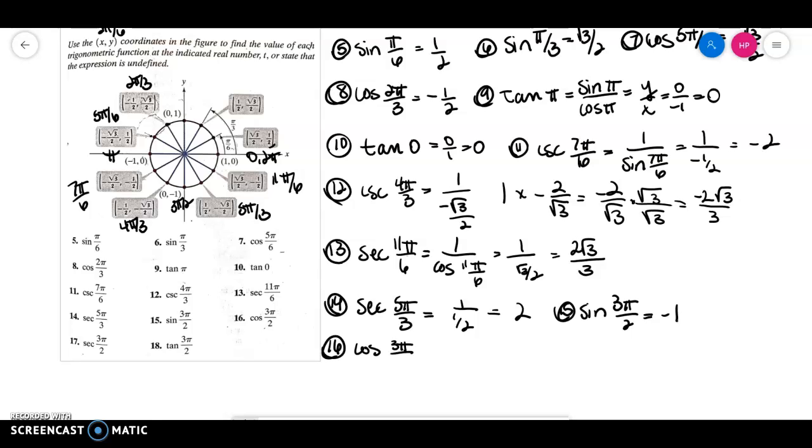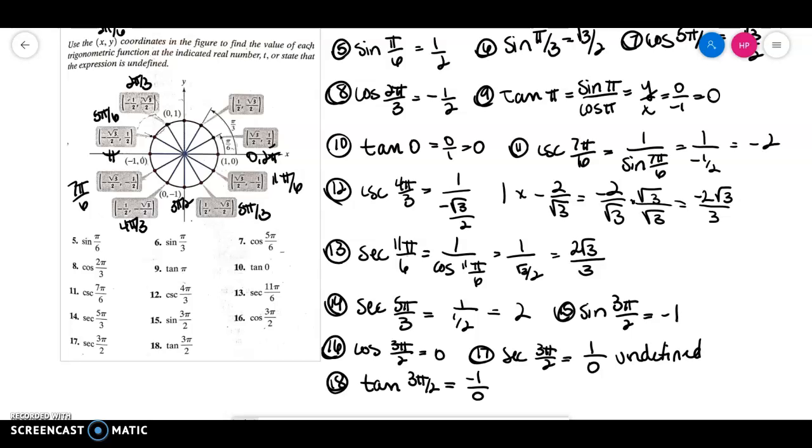It's the cosine of 3 pi over 2, which is 0. 17, if I'm asked for the secant at 3 pi over 2, 1 over the cosine, which I just found to be 0, is undefined because I'm not allowed to divide by 0. And last but not least, number 18, the tangent at 3 pi over 2 is sine divided by cosine. So again, if I have negative 1 and I'm dividing by 0, this is actually undefined.